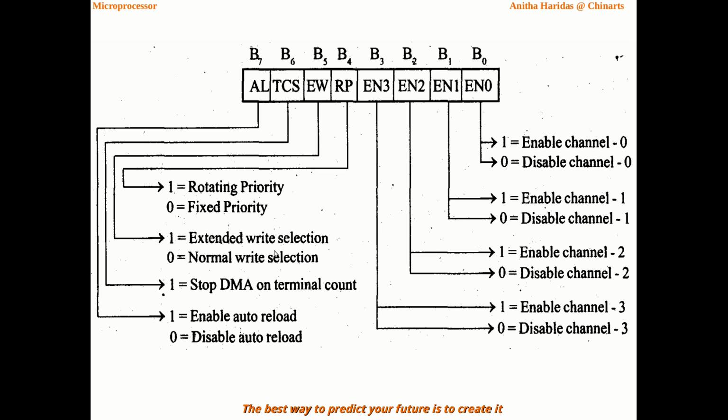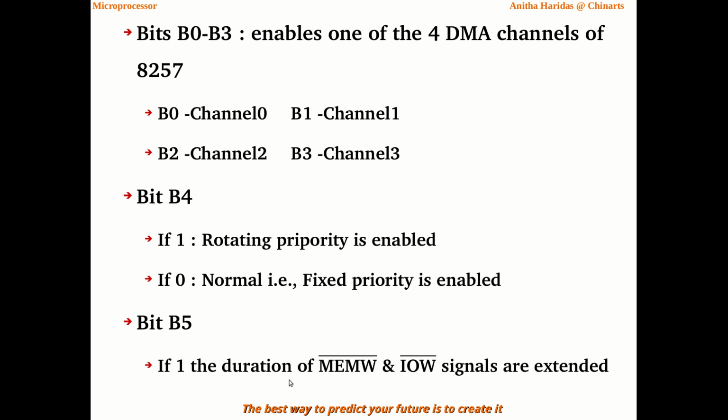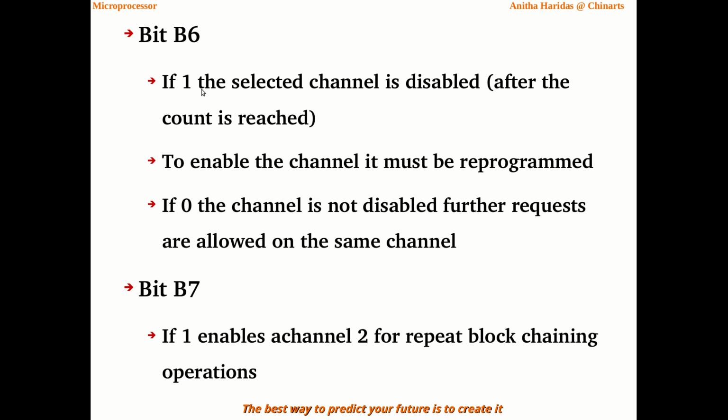Bit 5 is used for extending the write operation, so the duration of the memory write and input output write signals will be extended. Bit 6: if set, the selected channel will be disabled after the count is reached. To enable the channel, it must be reprogrammed. If 0, the channel is not disabled, and further requests are allowed on the same channel. So that is how it works.